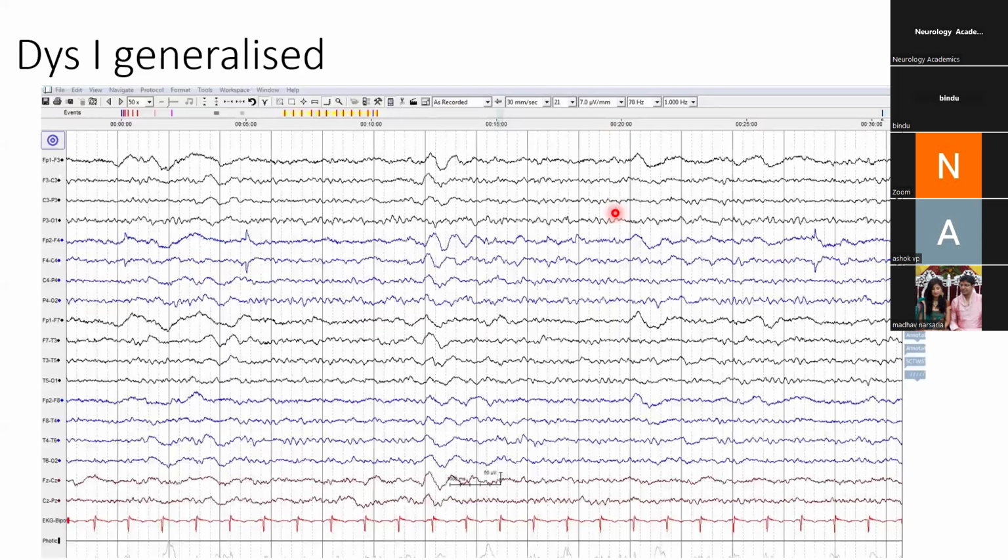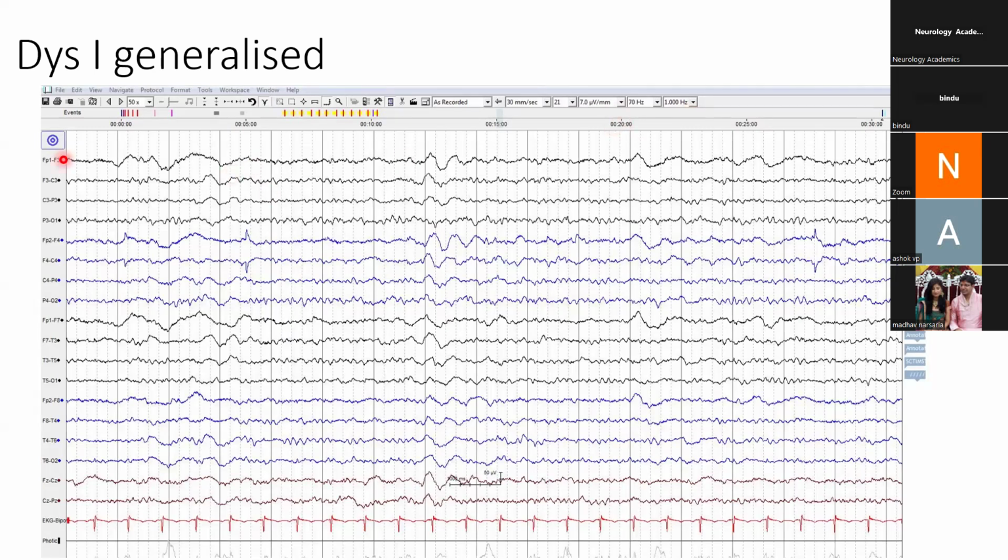So here, I will be discussing EEG in the longitudinal bipolar montage with the standard frequency filter settings: high frequency filter set at 70 Hertz, low frequency filter setting at 1 Hertz, and a standard sensitivity of 7 to 10 microvolt per millimeter.